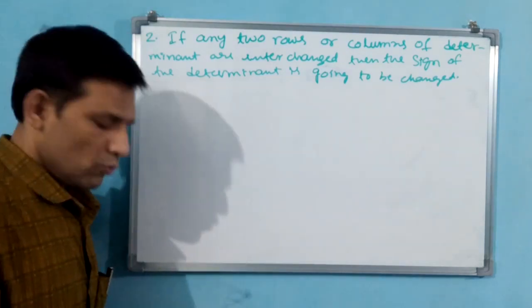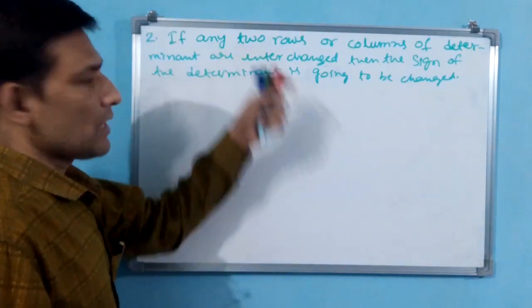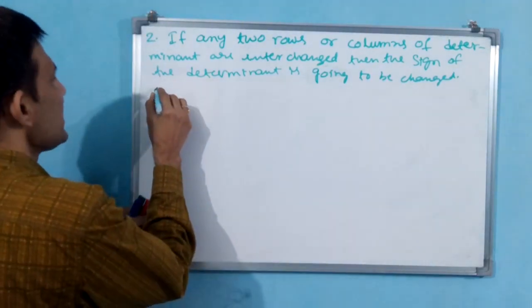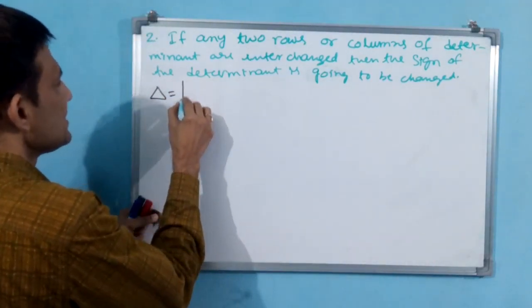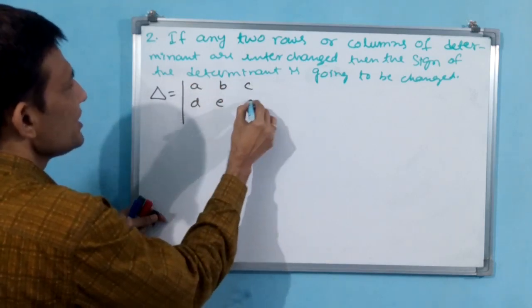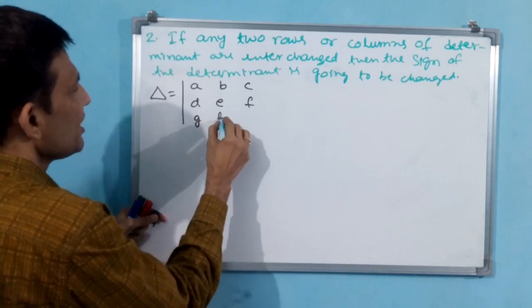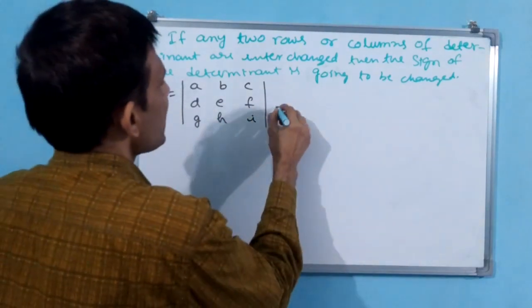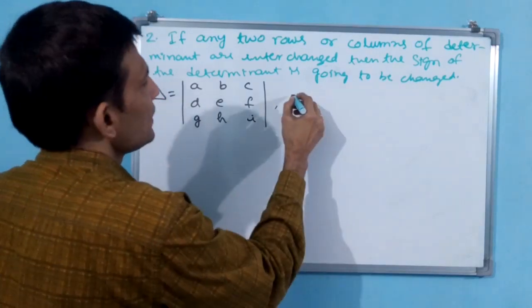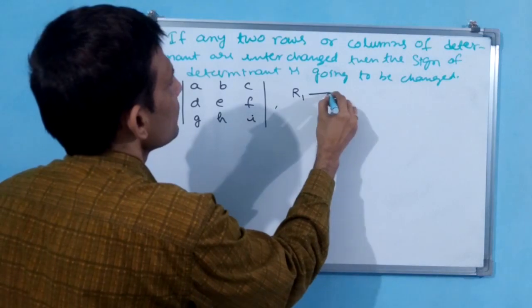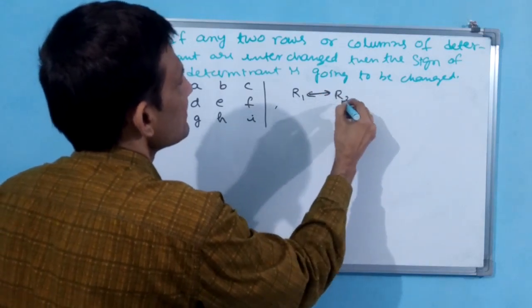Let us see, proof I am doing. You see, I am interchanging rows now rather than columns. Okay. Now delta is equal to A, B, C, D, E, F, G, H, I. This is the determinant. Now what I am doing, comma I am putting. I am interchanging rows. R1 to R3.